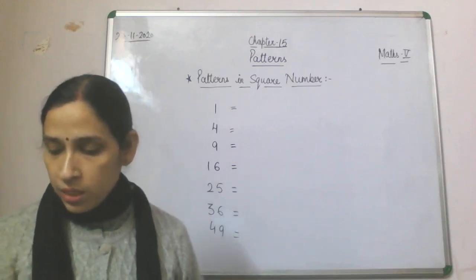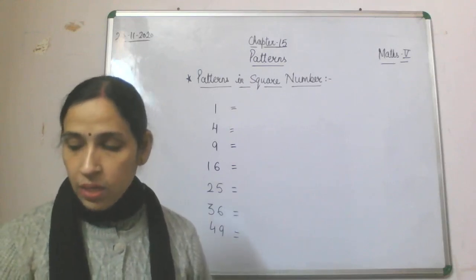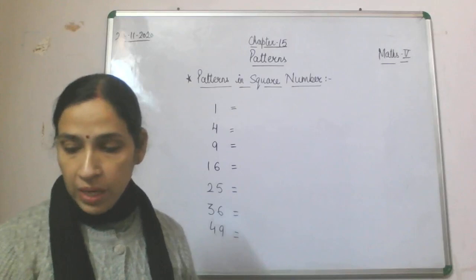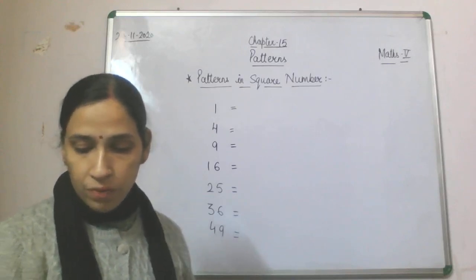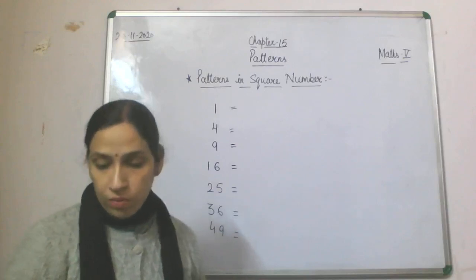So these are certain patterns which you will find in square numbers. We can write a square number in many ways, so you have to look for the properties of that.